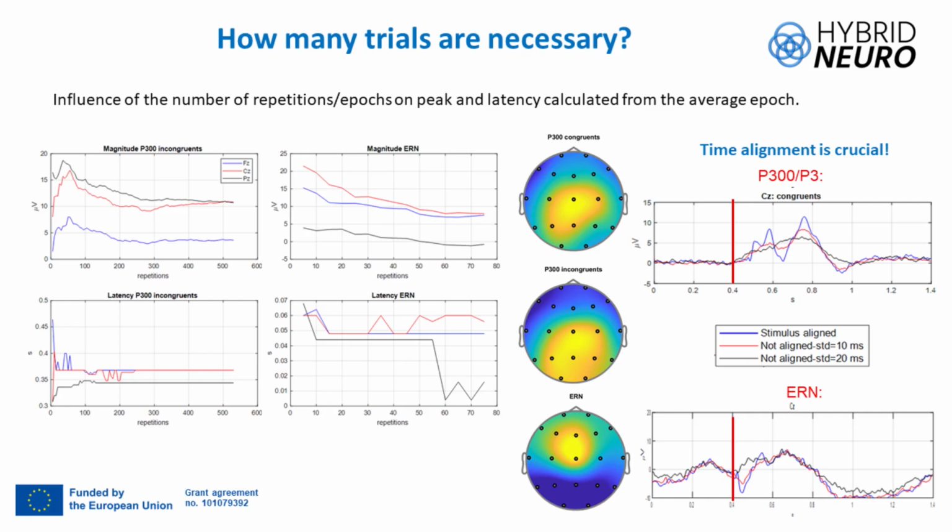I played a little bit in order to misalign the time-locked, the stimulus-locked signals. The blue case is the correct case, okay? But in red color, I changed it randomly with a Gaussian distribution with 10 milliseconds of standard deviation.